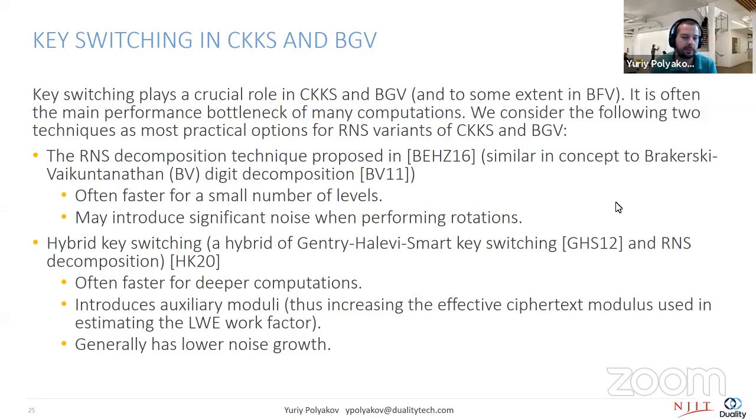It does introduce some auxiliary moduli, so the requirements from the LWE perspective are a little bit different. But it does not have the noise issues that the BV key switching has. From the performance perspective, this is not a big issue for BFV because multiplication is often costlier than key switching, but it can be an issue when dealing with noise.